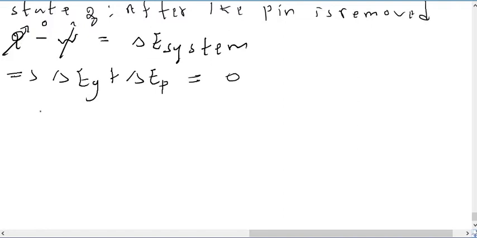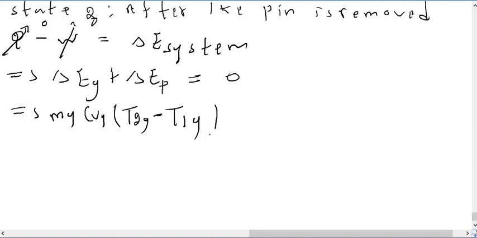So this implies that mass of gas, specific heat capacity of gas during change in volume, into the temperature 2 of gas, at the final state 2, minus initial temperature of the gas, plus the mass of piston into the change in height, that is H2 minus H1, is equal to 0.